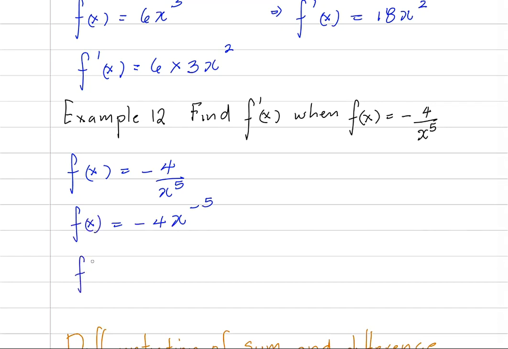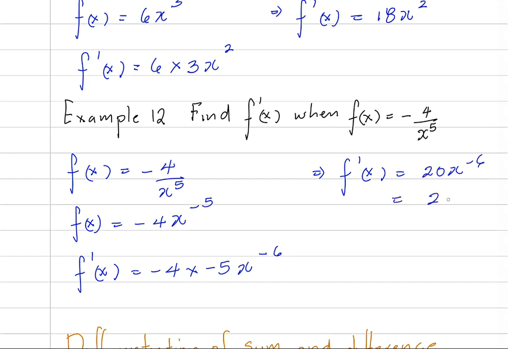Now, f prime of x is minus 4 times the differential of x to the minus 5, which is times minus 5, the power comes to the front, x to the minus 6, the power decreases by 1, and minus 5 minus 1 is minus 6. So therefore, f prime of x would be equal to, a negative times a negative is a positive, 20x to the minus 6. All right, we can bring the x back down. So this is equal to 20 over x to the power 6.